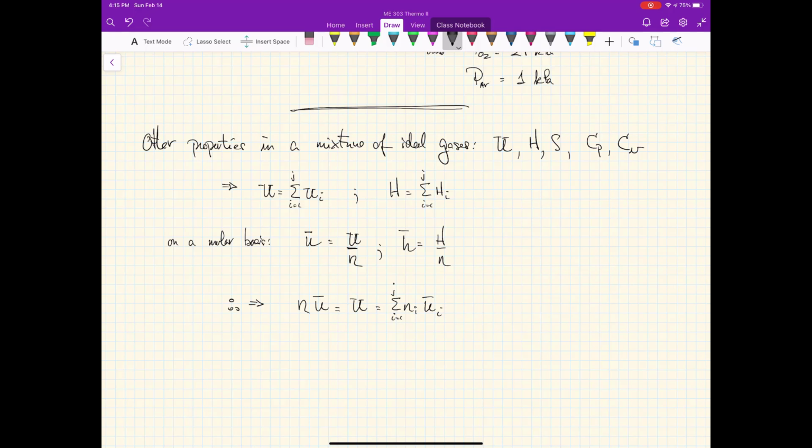So that suggests or explains that the total internal energy or thermal energy of the system is going to be simply the sum of the extensive thermal energy of each of the constituents. And similarly for the enthalpy, right?